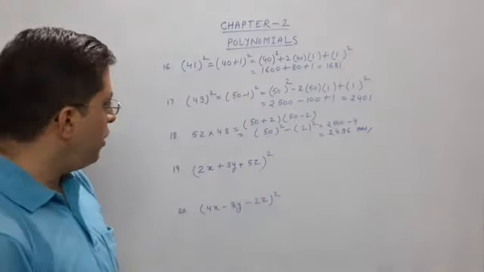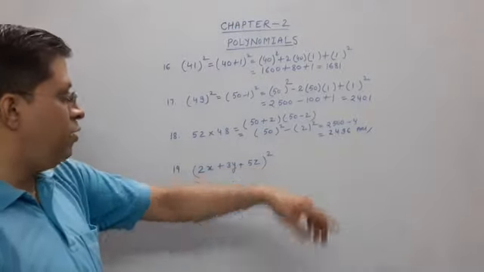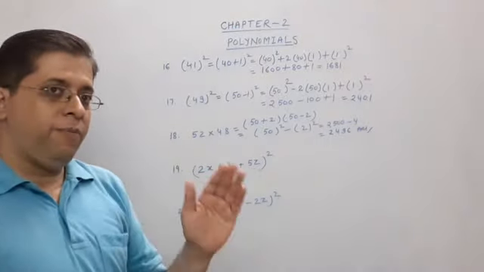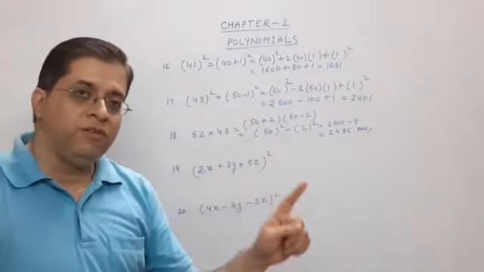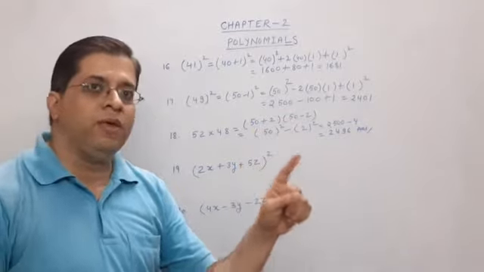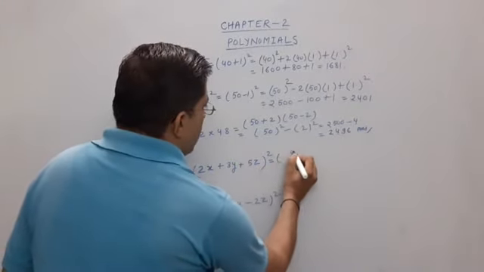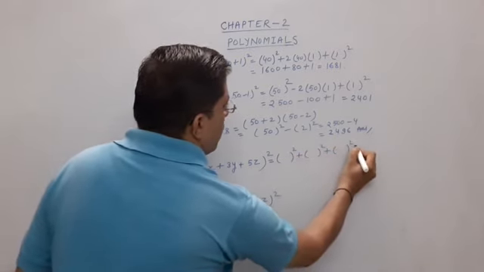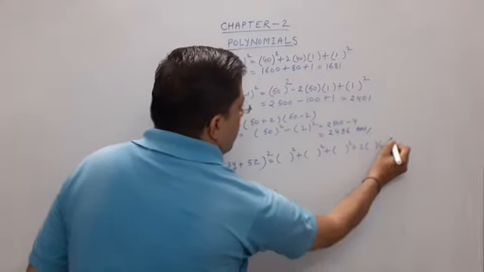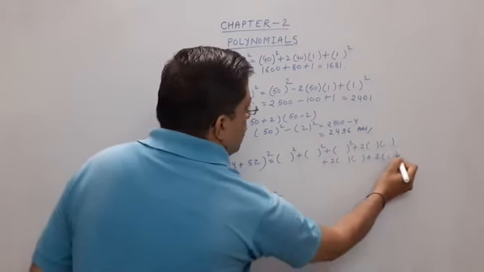Now the next one is a very nice one. (2x plus 3y plus 5z) whole square. That is (a plus b plus c) whole square, which is a square plus b square plus c square plus 2ab plus 2bc plus 2ca.